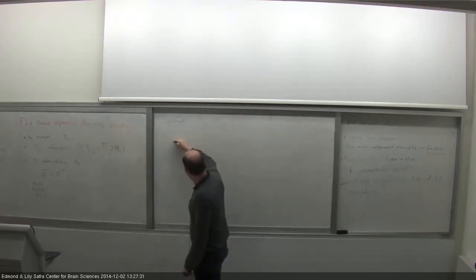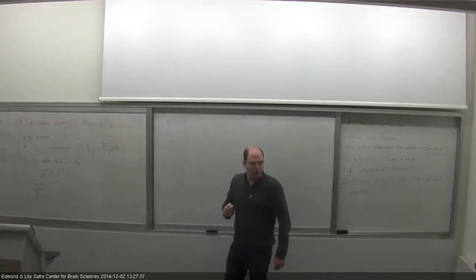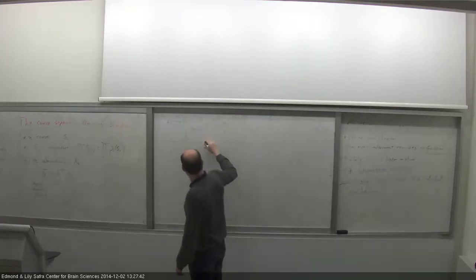S1 is generated by some distribution which is more peaked than a Gaussian. Okay? Something like this. So this would be P of S1. And imagine that S2, which I will draw here, has also a distribution of this form. This would be P of S2.